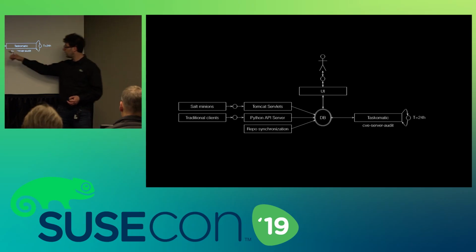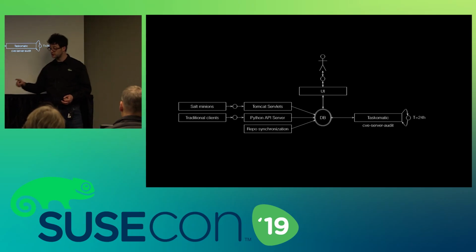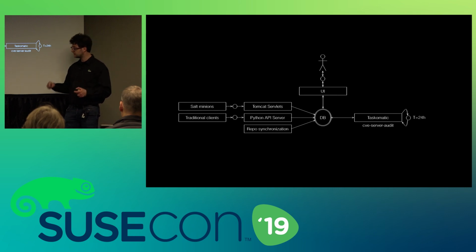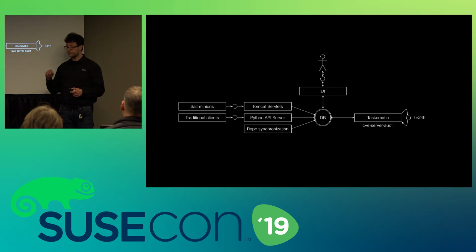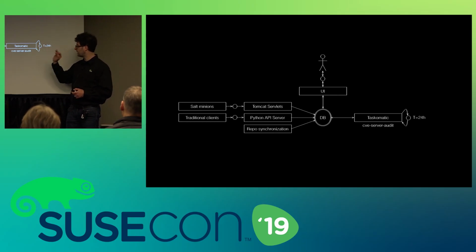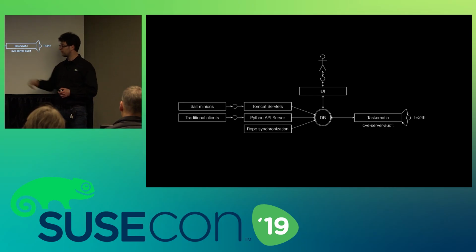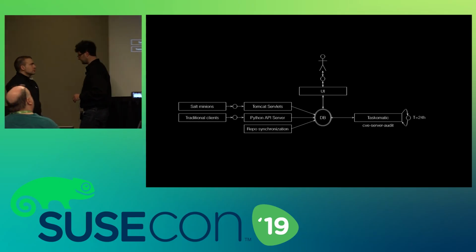So in the UI, if you use the CVE audit feature, you might have data that's as old as the last run of this process. So you might see data that's 24 hours away, worst case, from what you're seeing. So in case you want to have the very latest data, you can run this manually through the UI. And once it's finished, you're sure to see the very latest information.